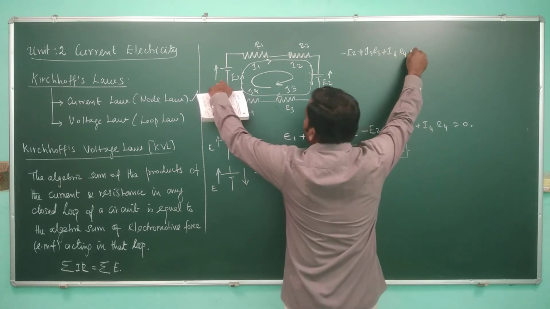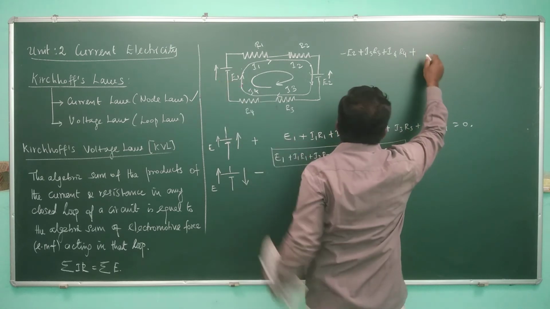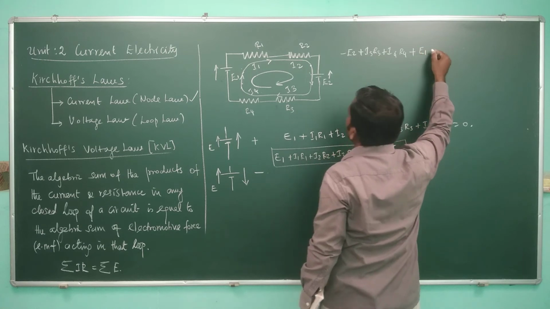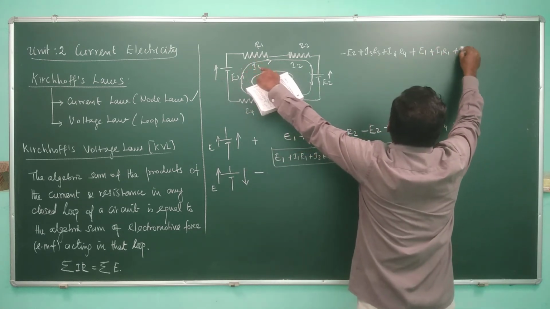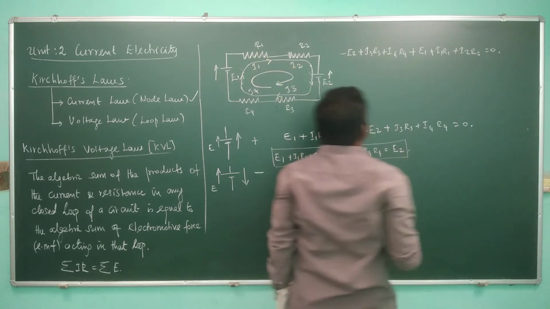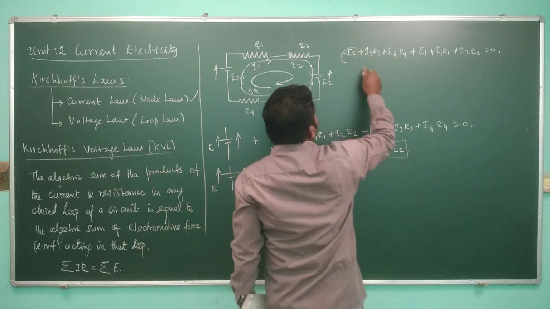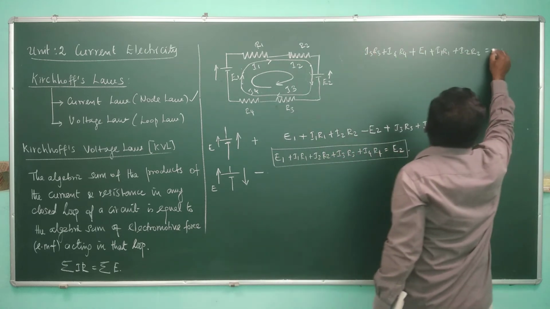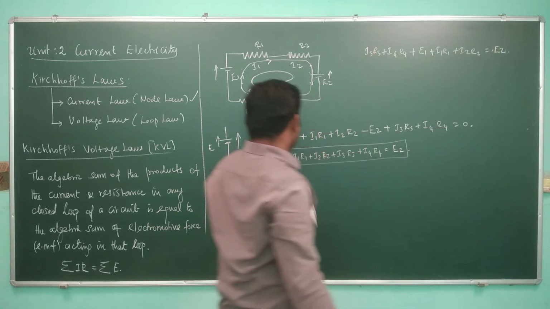In this battery, the current direction and the loop direction are the same, so you have to put plus E1 plus I1 R1 here plus I2 R2 from this resistor, which is equal to 0. Now if you rewrite this equation, what will happen? This term will go to the right side, so you can rewrite this equation as minus becomes plus E2, right?